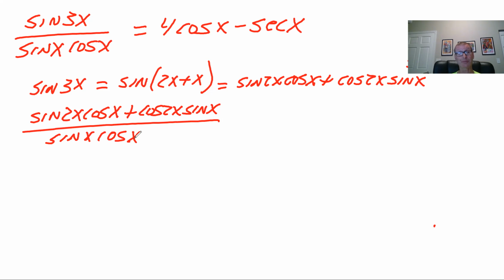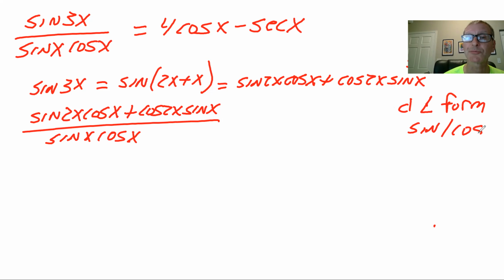Well, that's the double angle formula, right? So if you look at the double angle formula, for sine and cosine, here's where the real challenge is. So again, I'm just going to focus on the numerator right now.